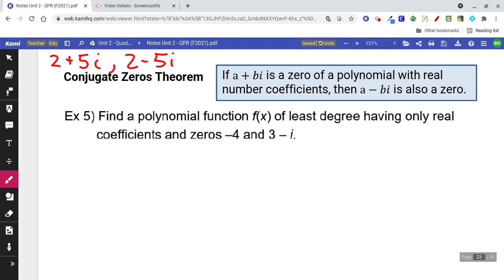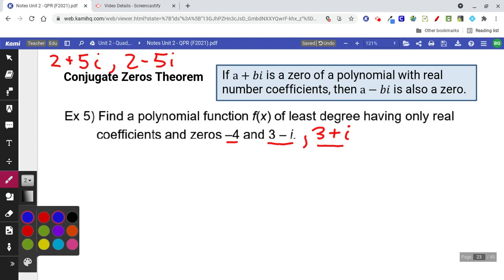Number 5 says, find a polynomial function f of x of least degree having only real coefficients and zeros negative 4 and 3 minus i. So here's this a plus bi form. That implies that there's also a zero of 3 plus i. So I see 3 zeros. 3 zeros, you should be able to translate that into factors.